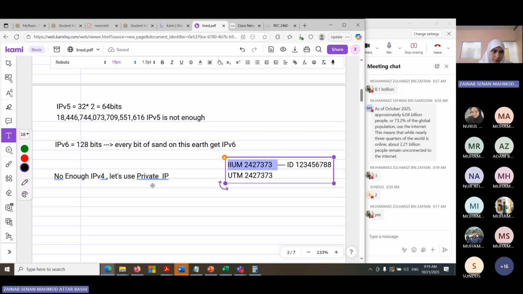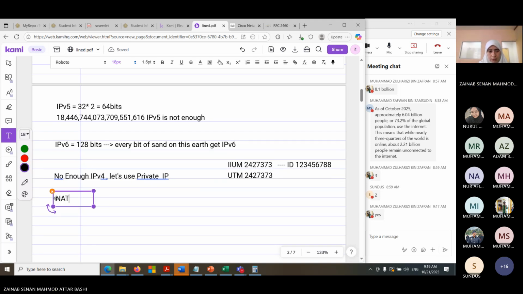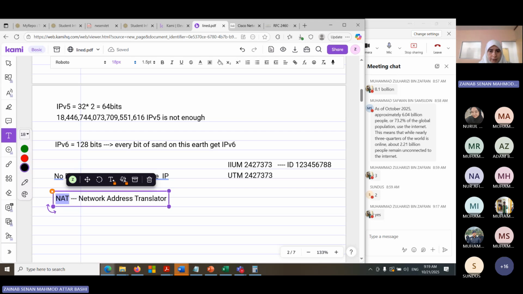So the NAT, Network Address Translator, was one of the issues. Because you have one gateway, you have to ask it about every single packet going in and out of IIUM. And of course, this NAT will be very slow. Security is not a good idea. Tracking people also is not an easy thing to do.